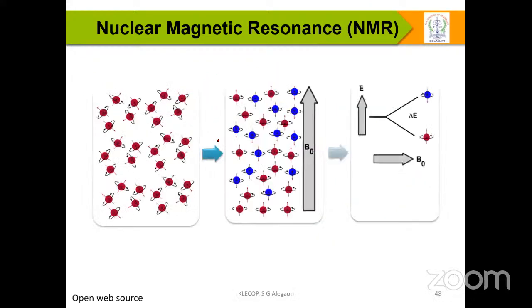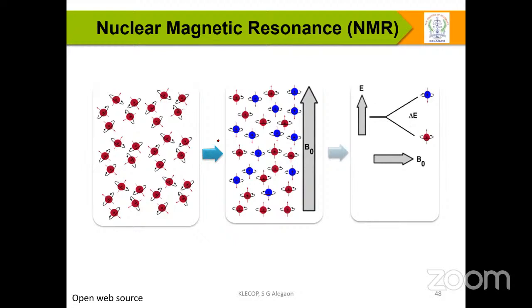This is another way to represent it in a pictogram. These are different tiny magnets, different protons, randomly distributed. When you apply an external magnetic field, they take a definite orientation, either the alpha state or the beta state. The alpha state is the lower state and the beta state is the higher state.